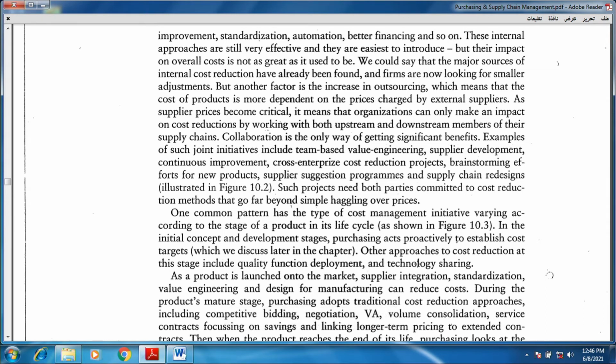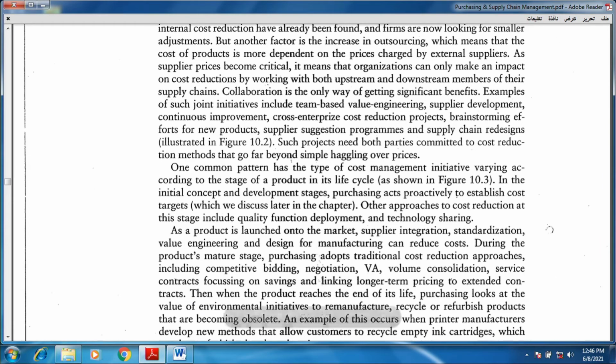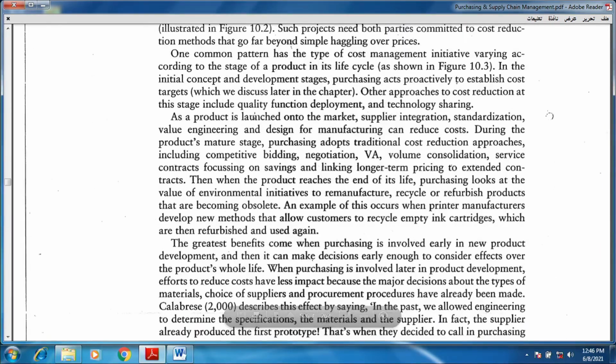Cost reduction starts here, in the cost of production and the cost of purchasing. Technology plays a critical role in helping us minimize and control the cost items. Supplier integration is a way of cost reduction.